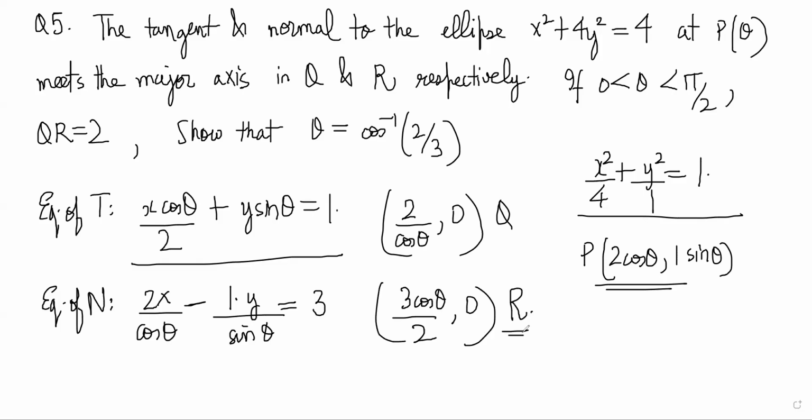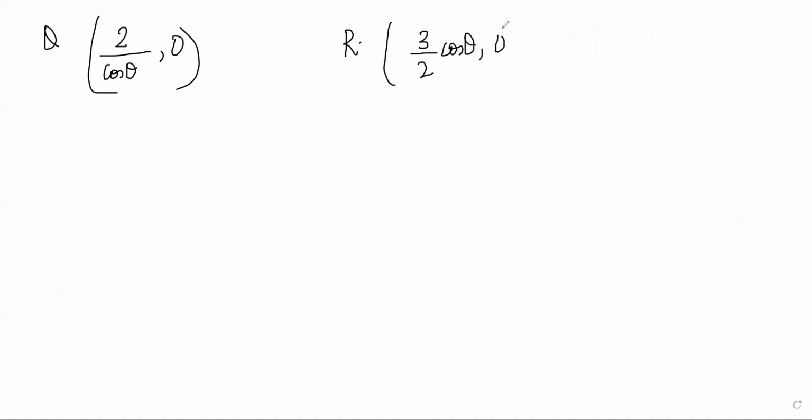And they have said that the distance of QR is 2. So we know that you can take the difference between these 2 points. One point was (2 by cos theta, 0). That was my point Q. And the R point was (3 by 2 cos theta, 0).